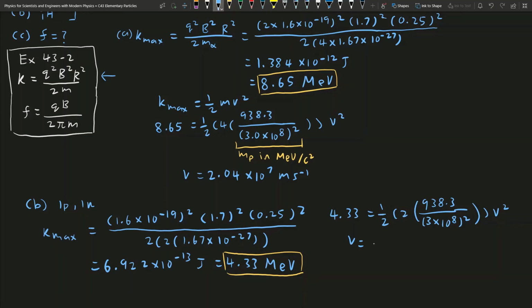Here again, I get 2.04 times 10 to the 7 meters per second.